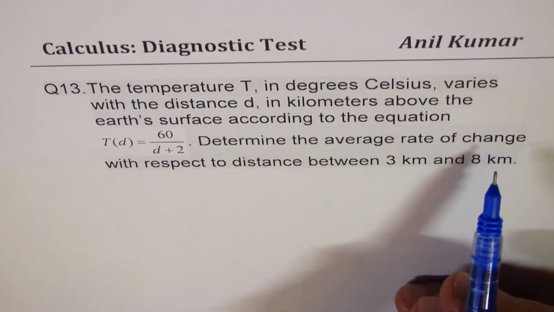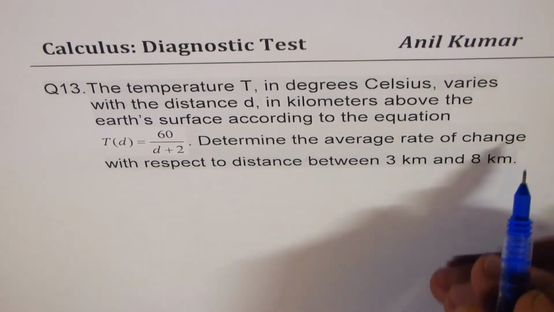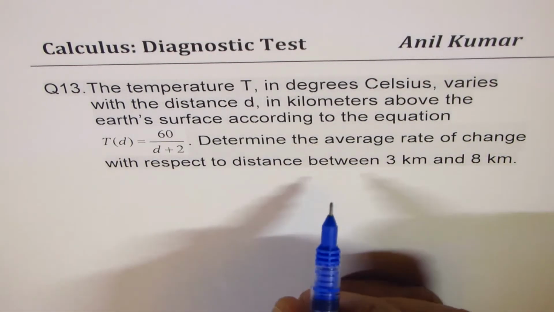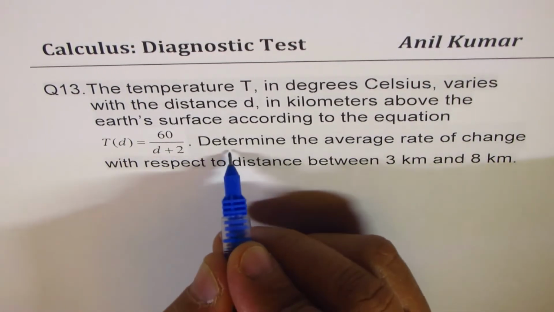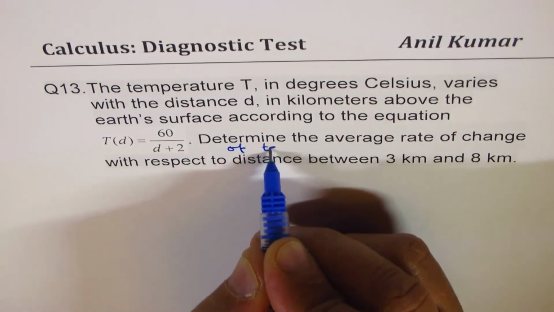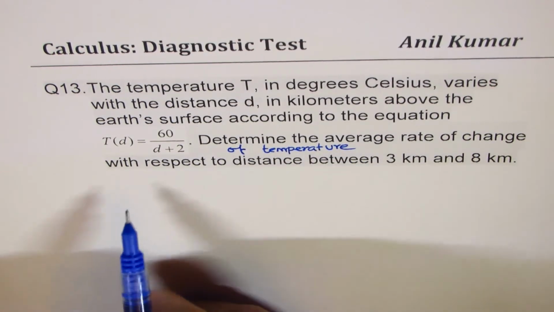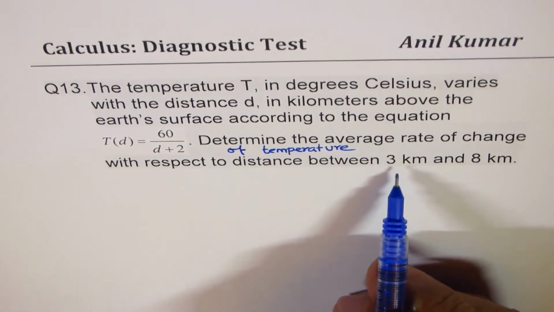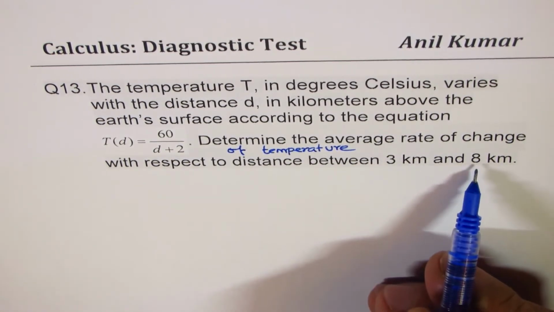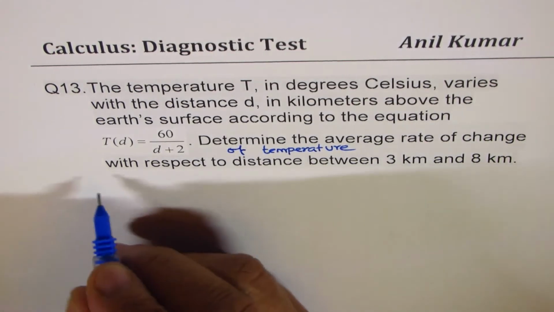So average rate of change of temperature, I should have written, rate of change of temperature with respect to distance between 3 kilometers to 8 kilometers, right?